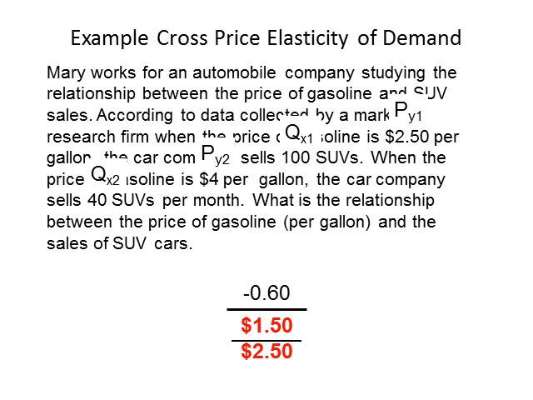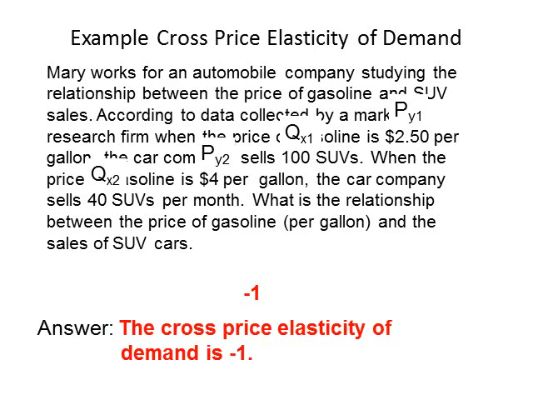Next, divide $1.50 by $2.50, and this gives us 0.6 or 6/10. Next, divide minus 6/10 by 6/10, which gives us -1. So the cross-price elasticity of demand is -1 between our SUVs and gasoline.